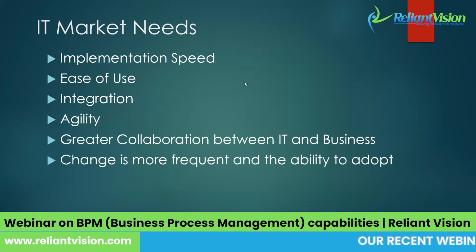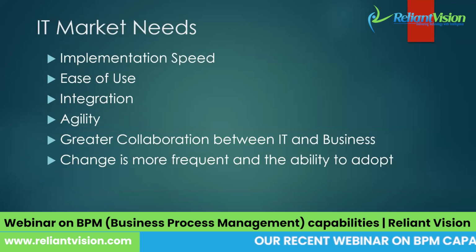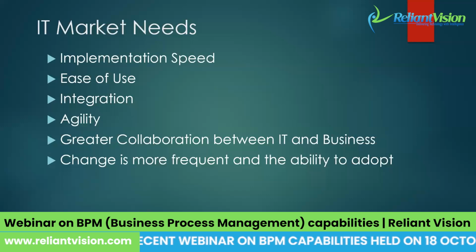So what exactly does the IT market need? You want to build an application, and once the application is in production, when any announcements or features come up as part of a sprint, we need to do it very fast and push it to production as soon as possible.